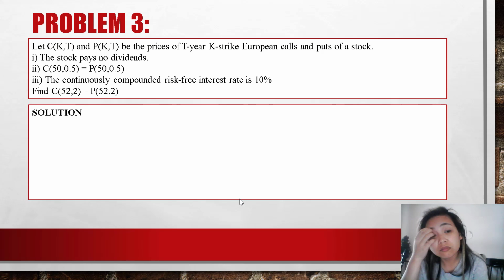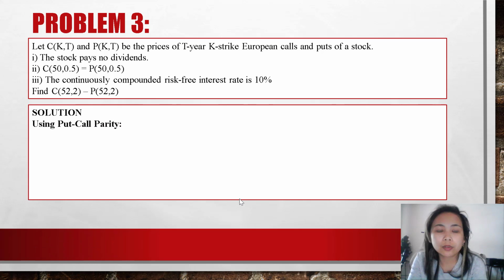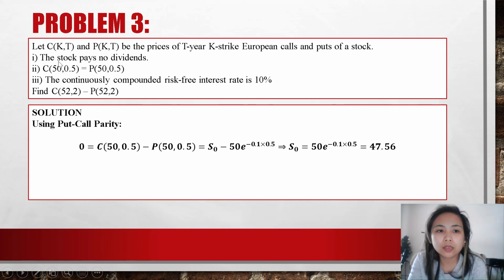So again, the only formula that makes a connection between call price and put price with the same strike and duration is the put-call parity. So I'm going to apply the put-call parity to the first group first. We see C(50,0.5) minus P(50,0.5) is equal to 0 because the question says they are equal.